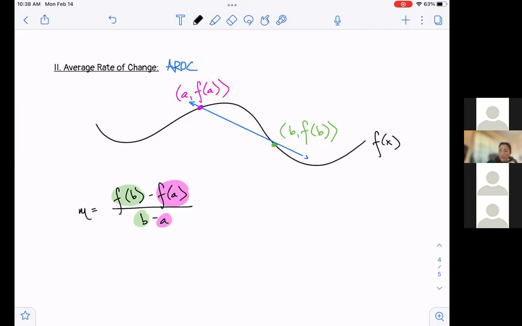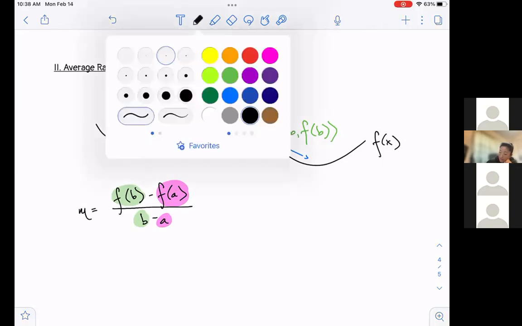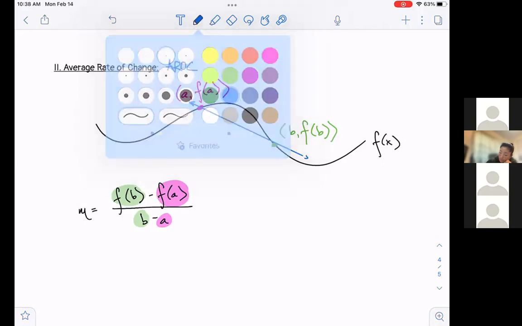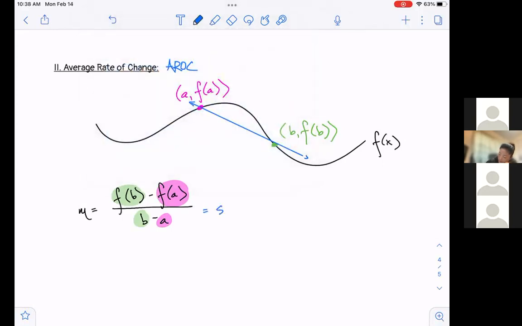There's one more vocabulary term that I want us to walk away with here, and that is when we draw a line that goes through 2 points like this, we usually call this the secant line. This is also another way of saying find the average rate of change.